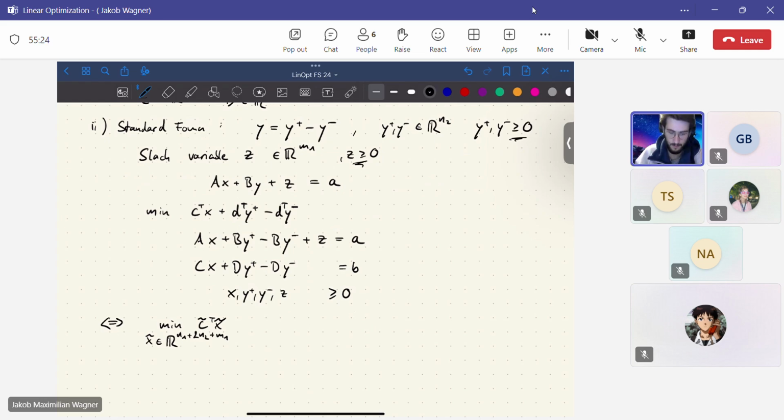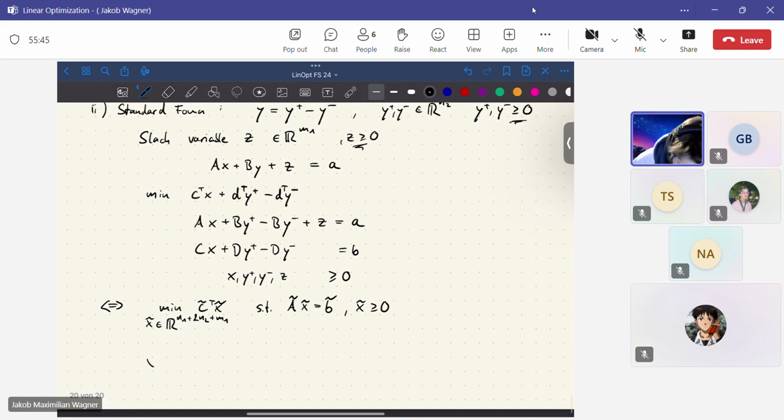So this is our new dimension that we live in. And then we have such that A tilde x tilde is equal to b tilde, and we have non-negativity constraints for all the variables. And the new variable vector is just x, y plus, y minus, and z.